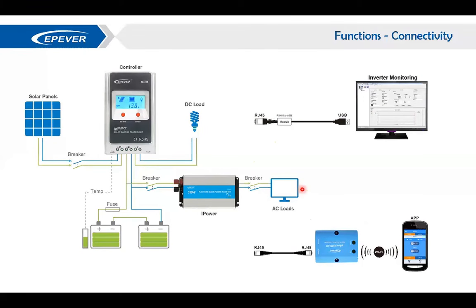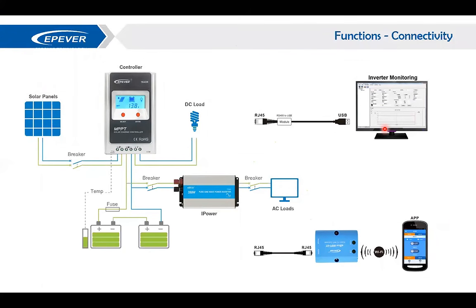And you have some configurable parameters via the software: the over voltage disconnect voltage, the over voltage reconnect voltage, the low voltage disconnect voltage, and the low voltage reconnect voltage.